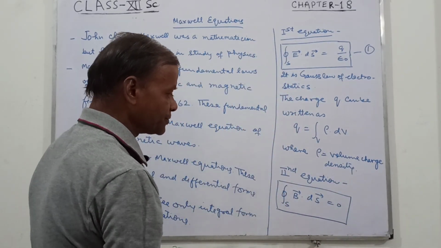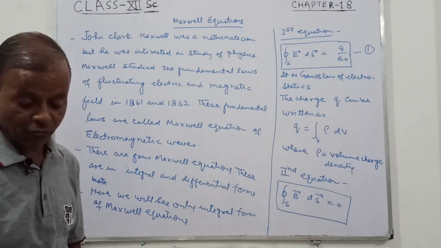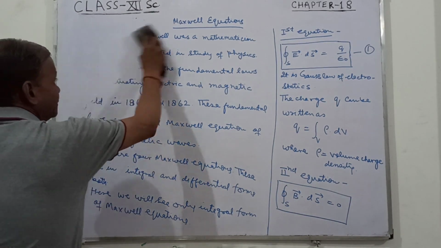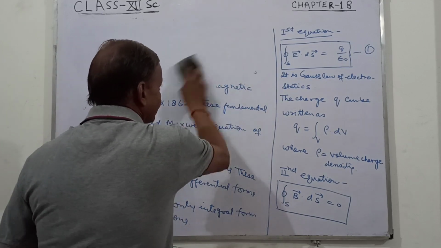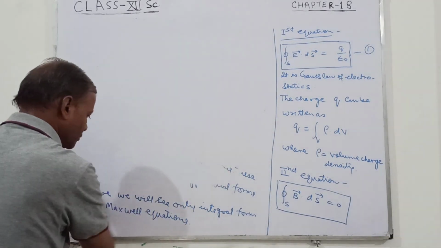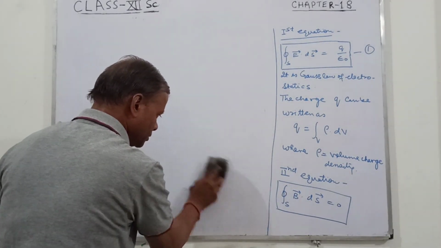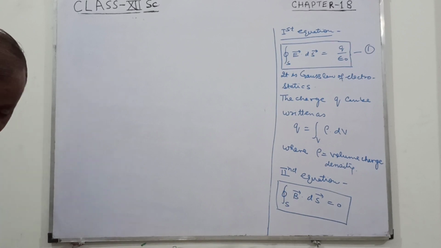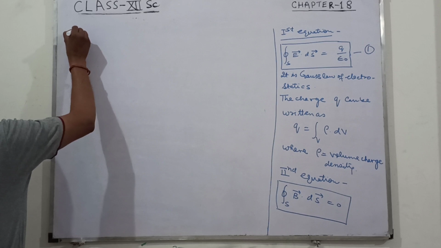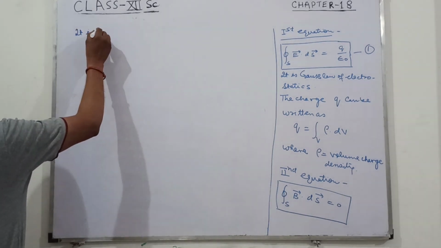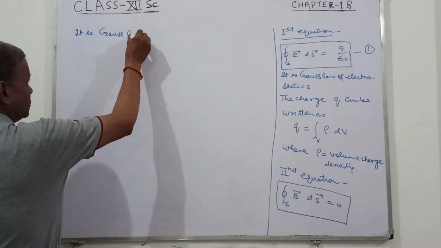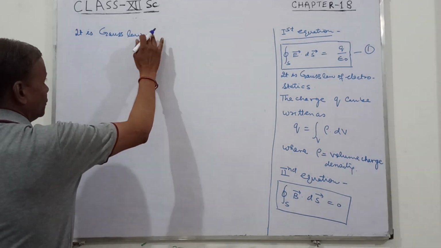This is the magnetic flux, and you know that this is Gauss law for magnetism.